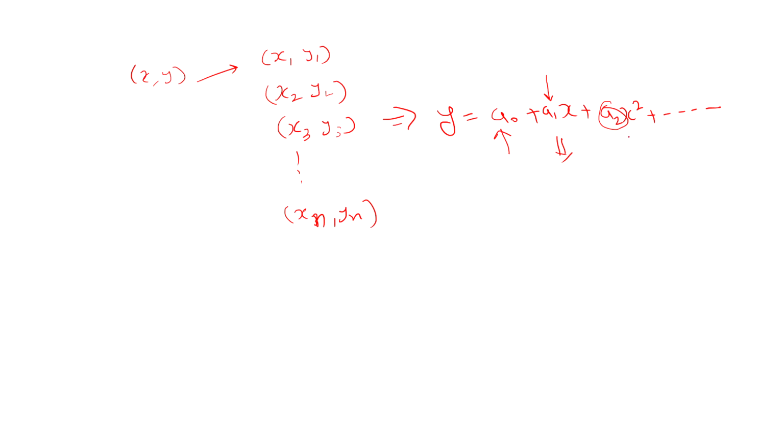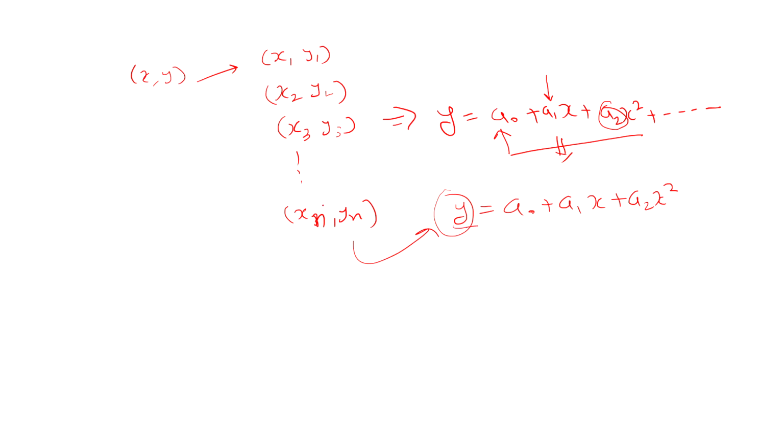Now suppose I want to terminate this series up to these 3 terms only, y is equal to a0 plus a1x plus a2x square. Now ideally speaking, if this is the perfect representation of this data set, these x and y should satisfy this function. But since we are calling this an approximated representation, we will try to somehow fit this data in this functional form.